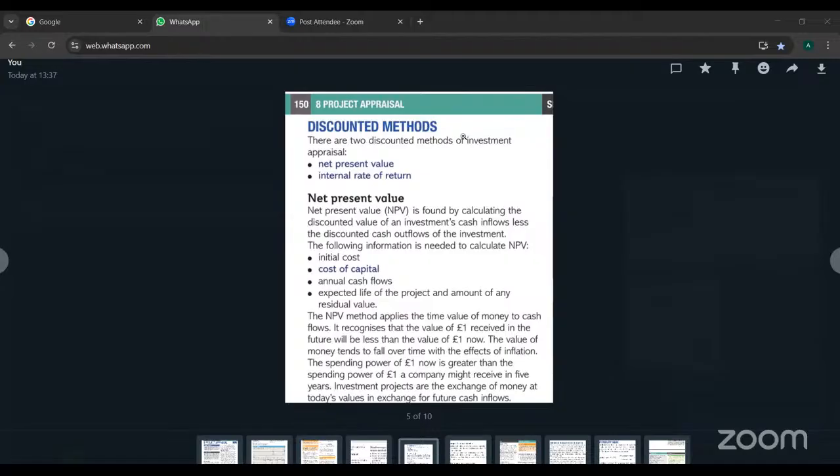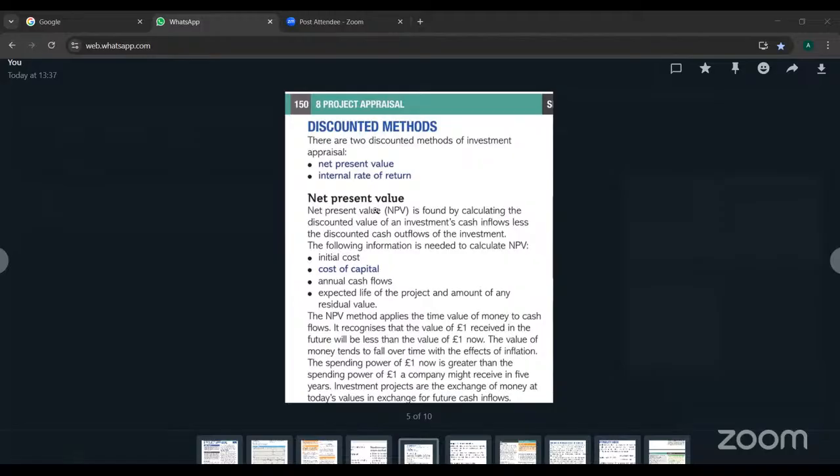And then net present value. Net present value is a method of capital investment appraisal that considers the time value of money. The time value of money is the concept that money received in the future does not have the same value as the same amount received today.